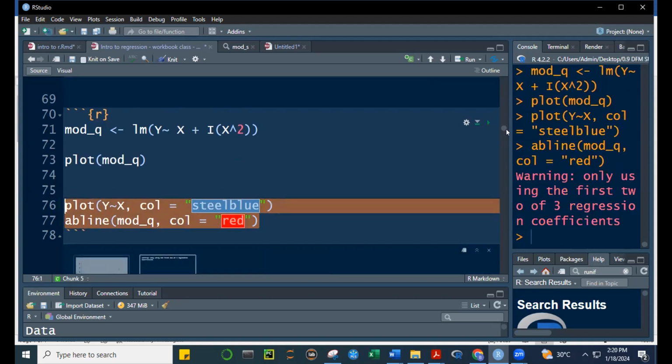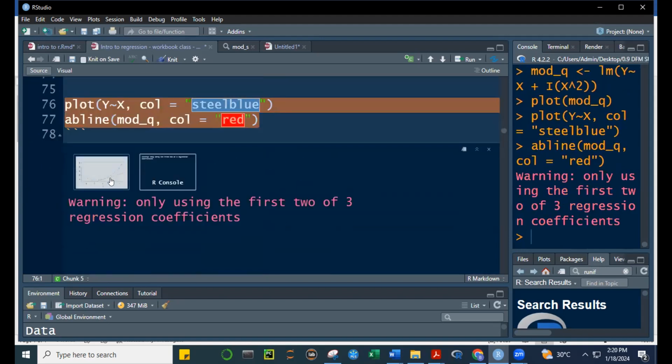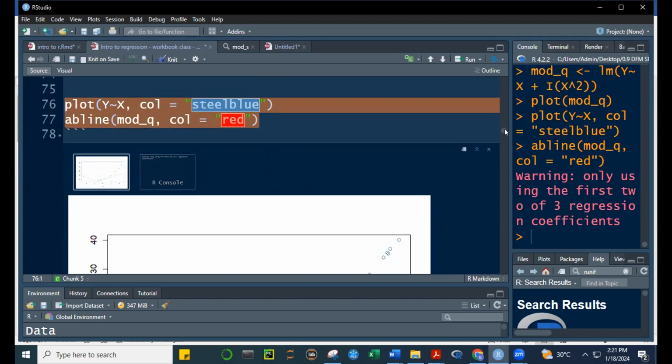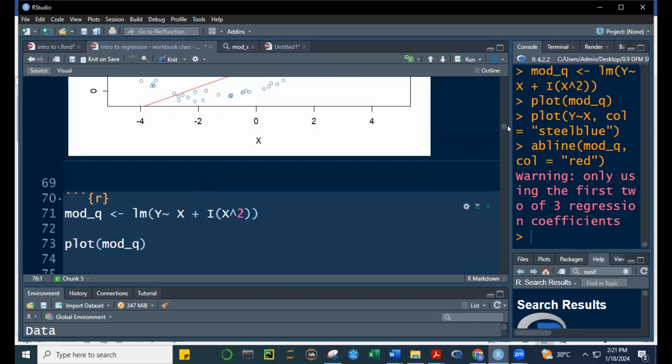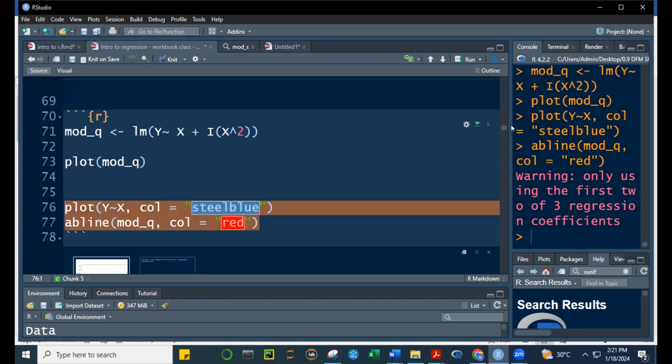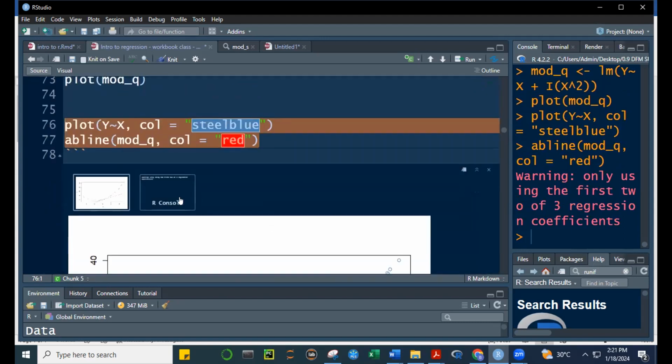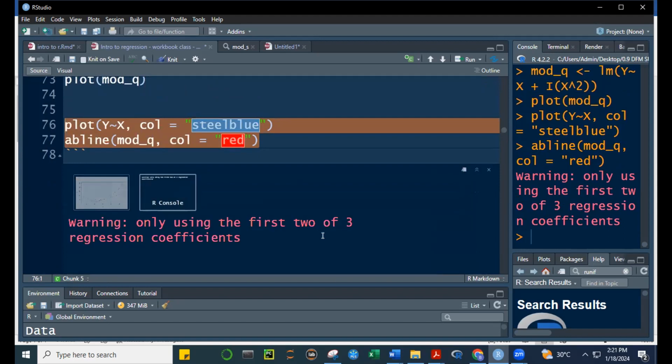Okay. So what do you see now? Merong error tayo dito, no? We will just discuss this next meeting kasi nagsabi siya na only using the first two of the three regression coefficients.